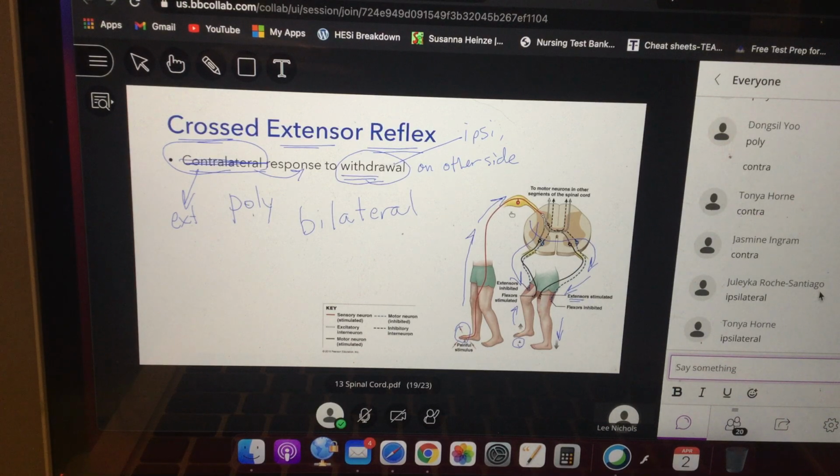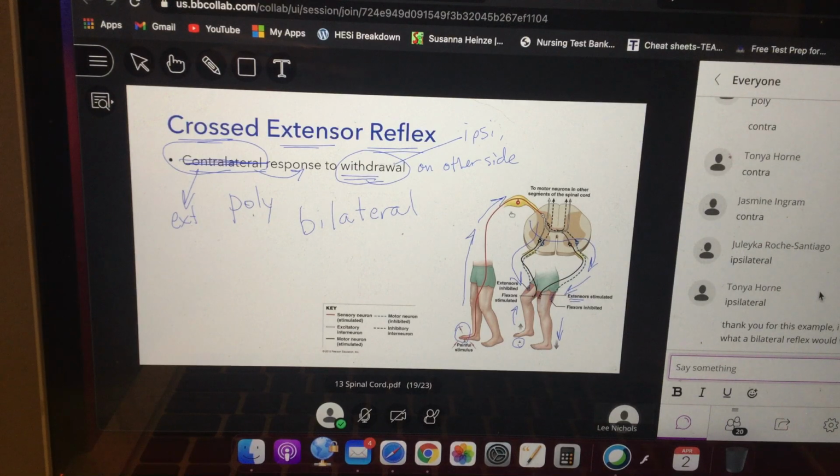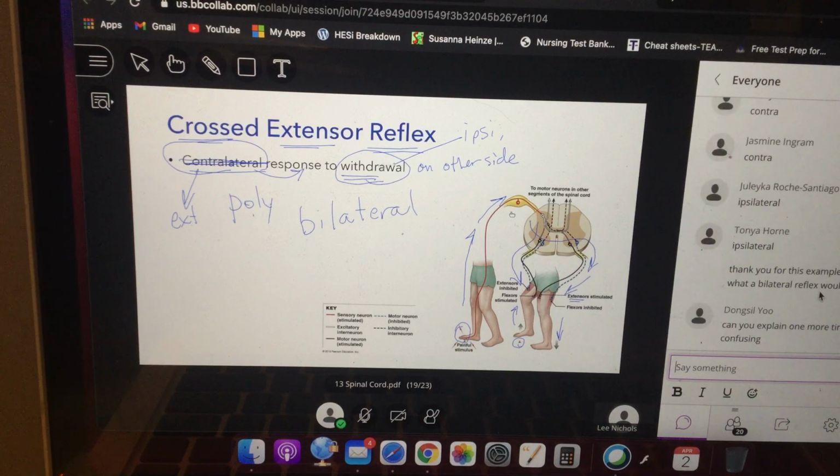It's interesting, too, that you can test this in the arms as well. If we were live face-to-face in class, I would use a volunteer and show you how you can stimulate this in the arms as well. This is a great example of a bilateral reflex, and you can get it in the arms, too. And you don't need it in the arms because you don't walk around on your arms.